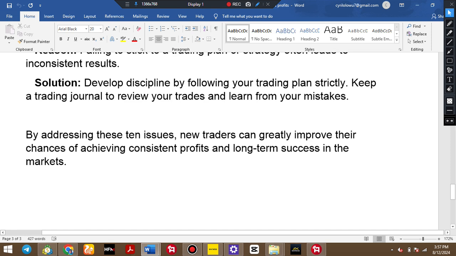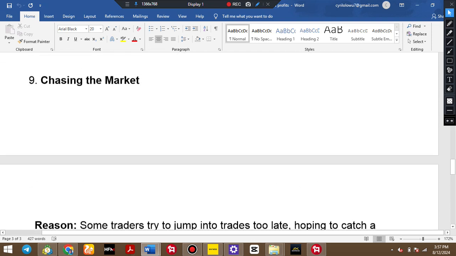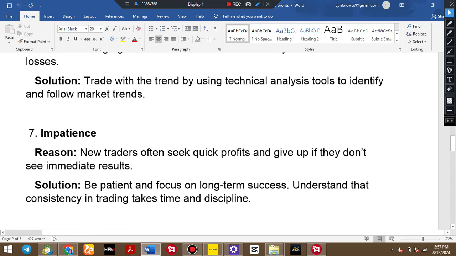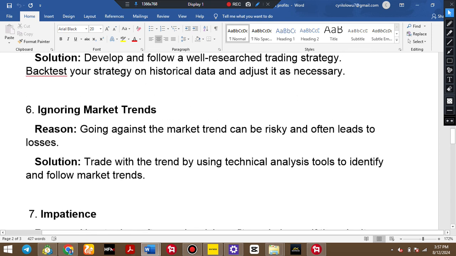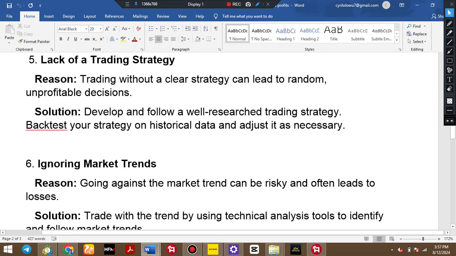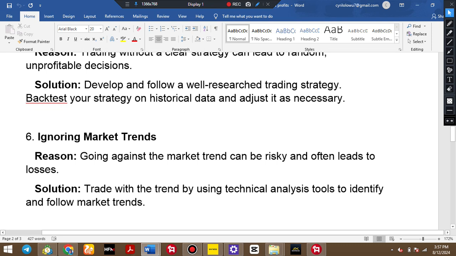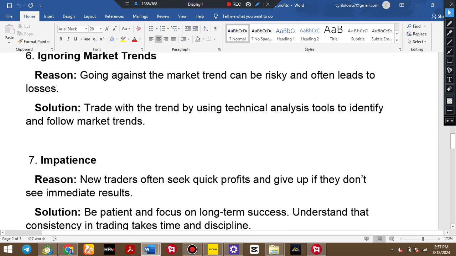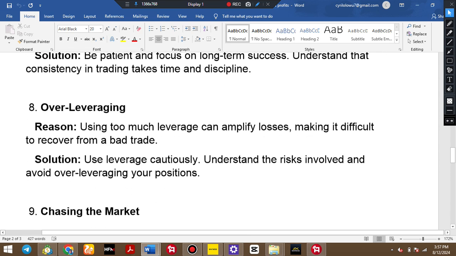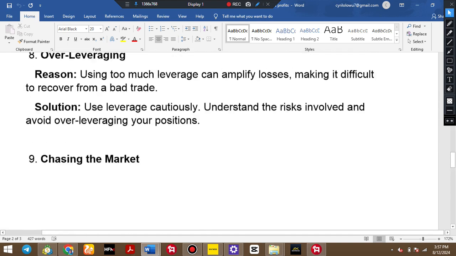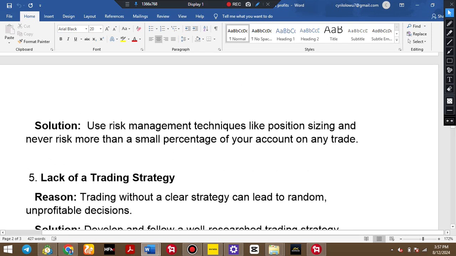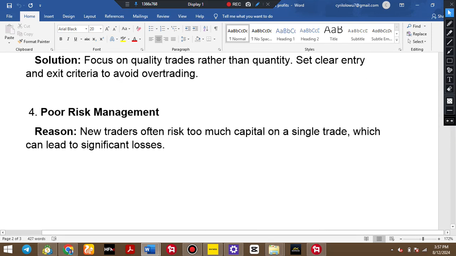By addressing these 10 issues, new traders can generally improve their chances of achieving consistent profit and long-term success in the market. So when you are new, or probably you are part of those traders who are making losses, I believe with these 10 points, you can pick areas that you know you are not doing well in. Probably maybe yours is jumping into trend, or you don't even have a strategy in place, or you are always impatient, or you are not the type of trader that applies risk management.